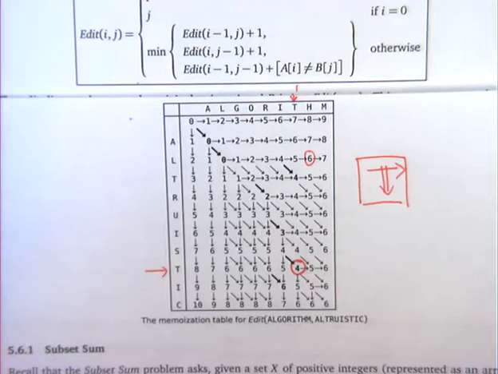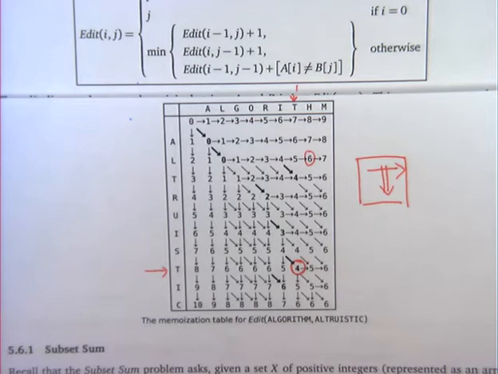Now, what do the arrows tell me? If I'm in this situation, the arrow tells me what the last editing operation should be, as opposed to just telling me what the edit distance is. All right?